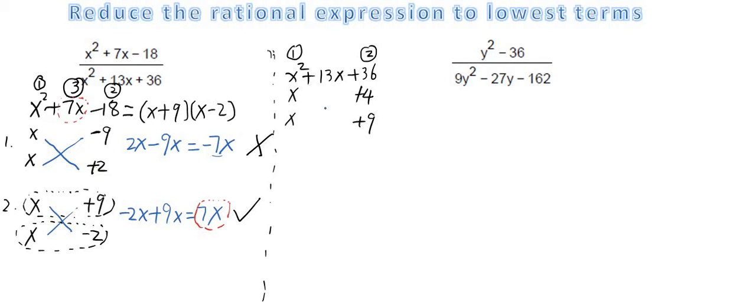Now we can do the cross product. 9x plus 4x is 13x, which is exactly the middle term, or the third term.